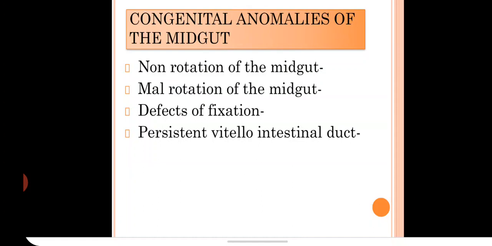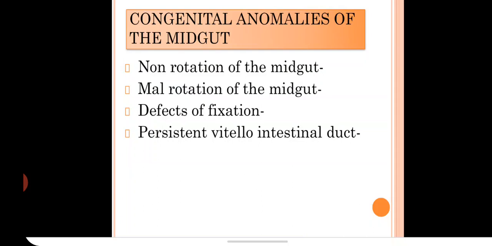And when it tries to enter, first the right limb is entering, then the left limb is entering, and a total of 270-degree rotation happens at the last stage of this rotation. Fixation also occurs.